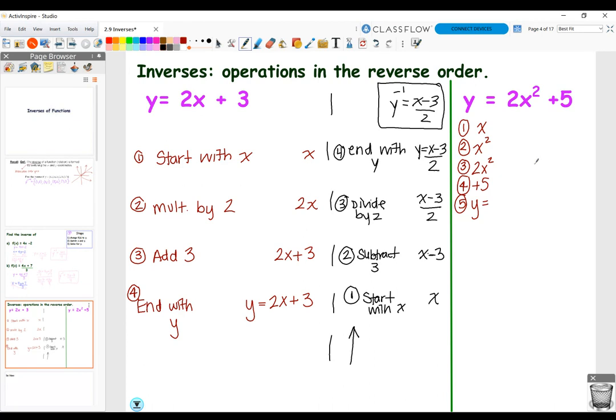So I'm going to work my way backwards. Instead of ending with y equals, I'm starting with an x. Instead of adding 5, I'm now subtracting 5. Instead of multiplying by 2, I'm now dividing by 2.